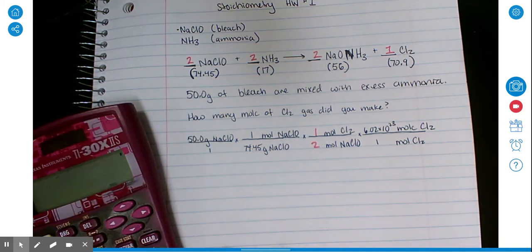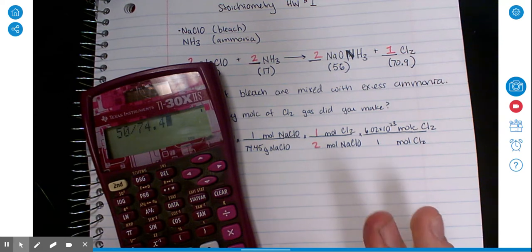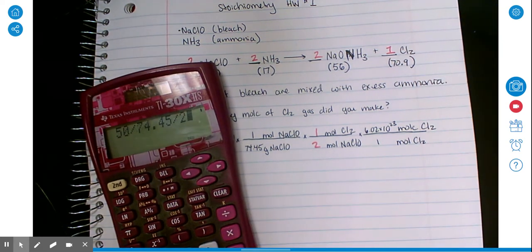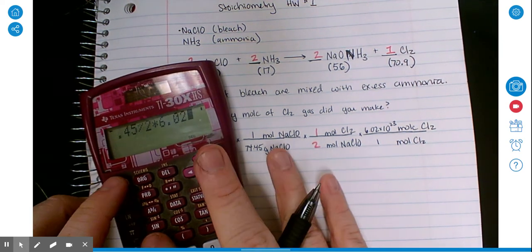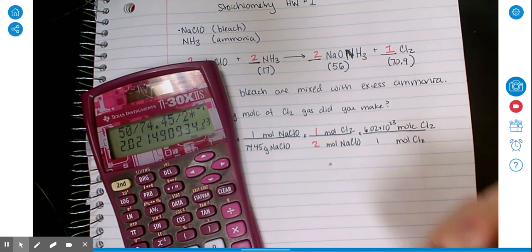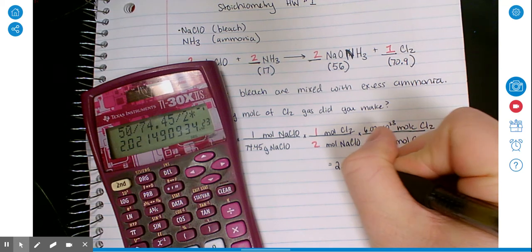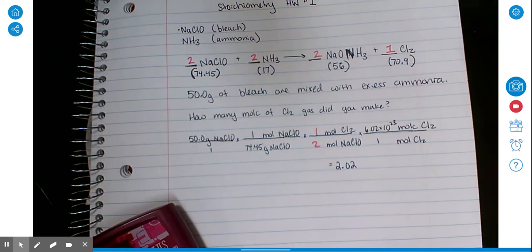All that's left is to get it in your calculator. So 50 divided by 74.45, divided by 2, times 6.02 times 10 to the 23rd, and you are left with 2.02. 3 sig figs?